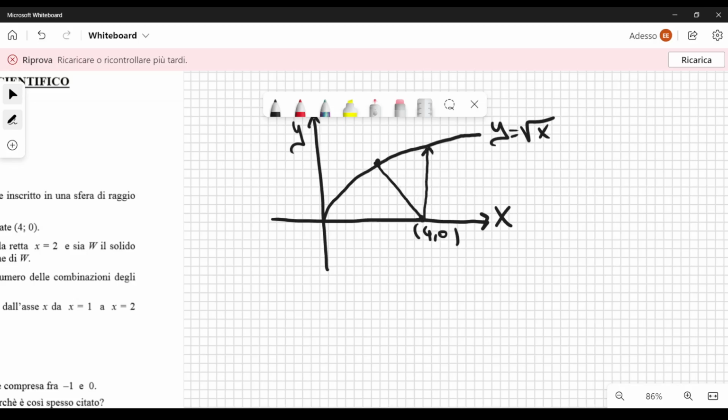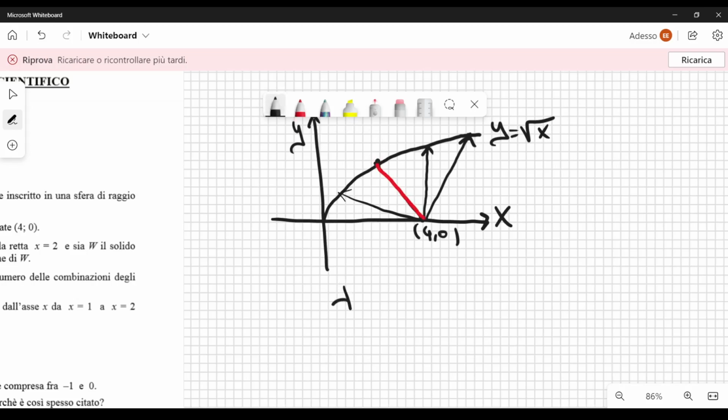So we want to find a way to express the generic distance from this point to the curve. We want to describe it in terms of the x variable, and then we will minimize that function with respect to x, and we will find the minimum distance, which will be something like this, somewhere here.